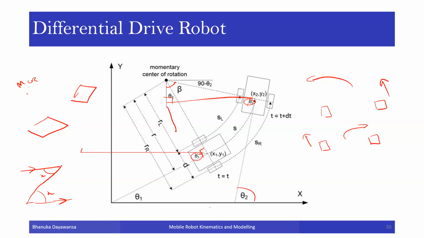So this angle is 90 degrees. This is 90 minus theta2. Then this entire point is theta2. This is 90. Then this is going to be 90 minus theta2, right? So that's this. Now this becomes 90 and this becomes 90 minus theta2.